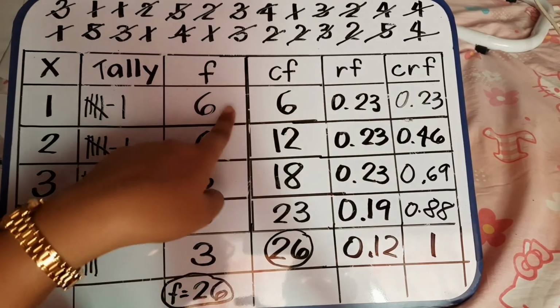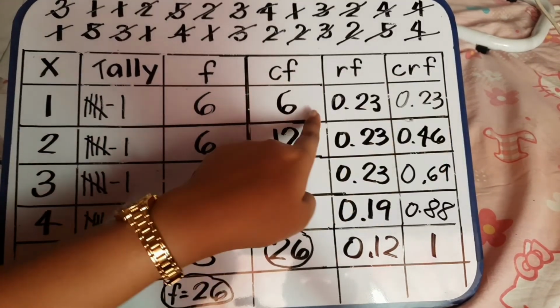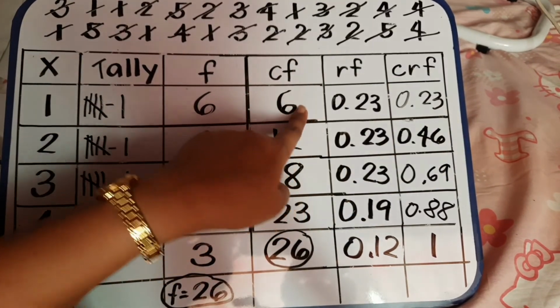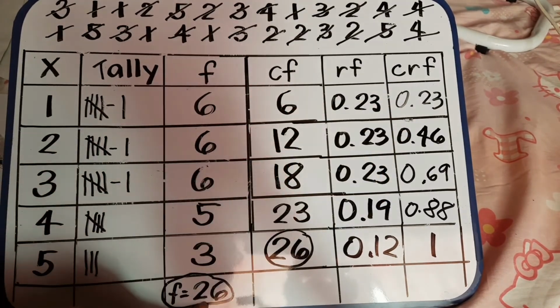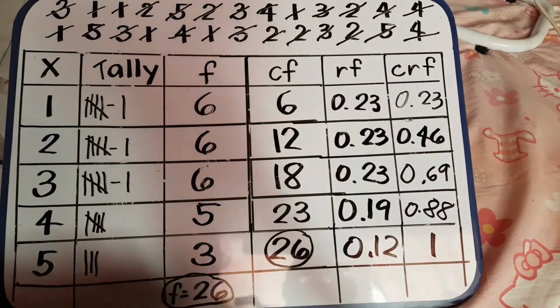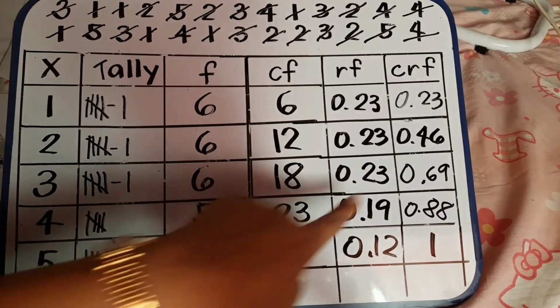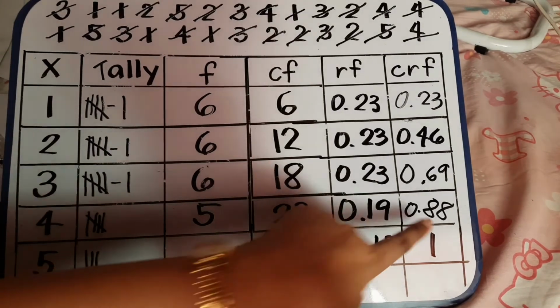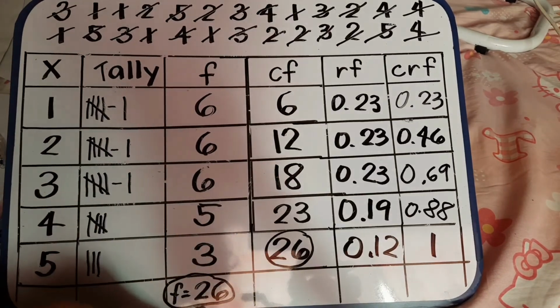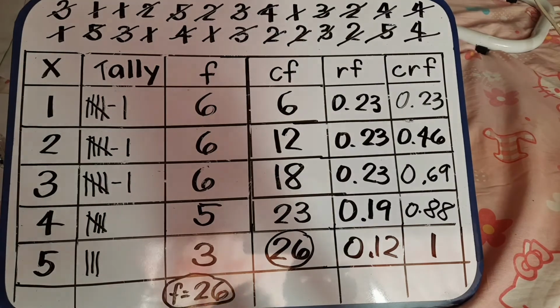CRF, relative sa cumulative frequency, 6 divided by 26 is 0.23. 12 divided by 26 is 0.46. 18 divided by 26 is 0.69. And 23 divided by 26 is 0.88. 26 divided by 26 is 1. Okay, that's it.